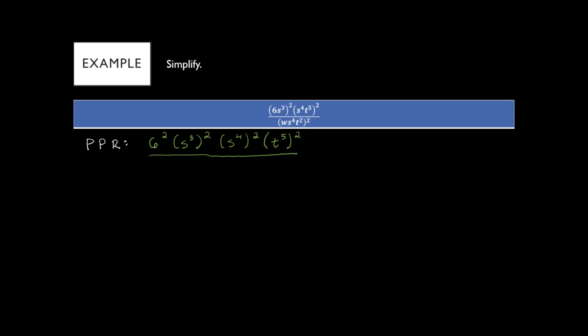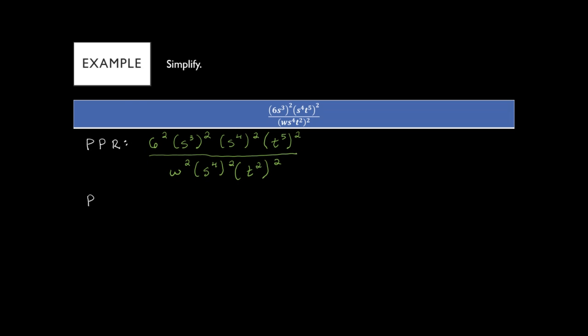And then the denominator, I'm also distributing that 2, so I have a w getting the 2. I'm getting an s to the 4th, getting a 2. T squared getting a 2. So I have a lot of 2's going on, but everything is getting a 2. It's a mess of parentheses, or arrows.